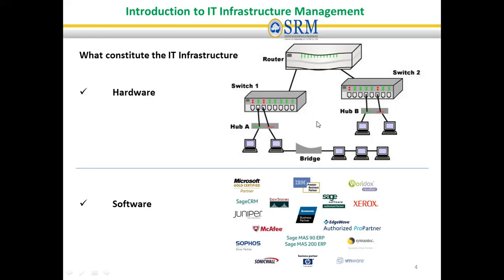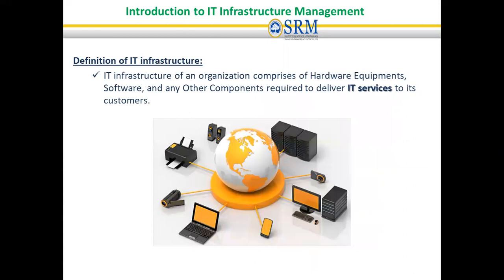So, coming to the formal definition, IT infrastructure comprises hardware equipment, softwares, and any other components required to deliver IT services to its customers. IT infrastructure based services are renowned as IT services.